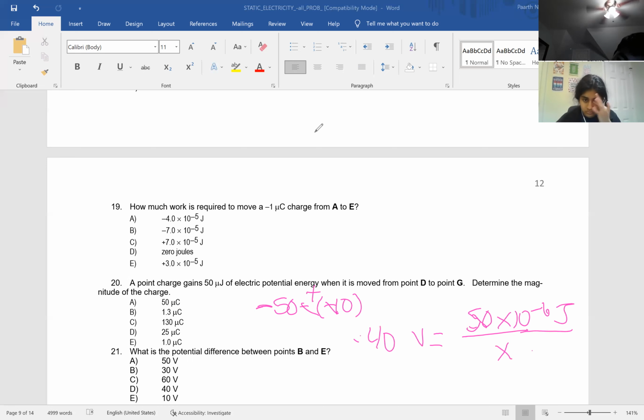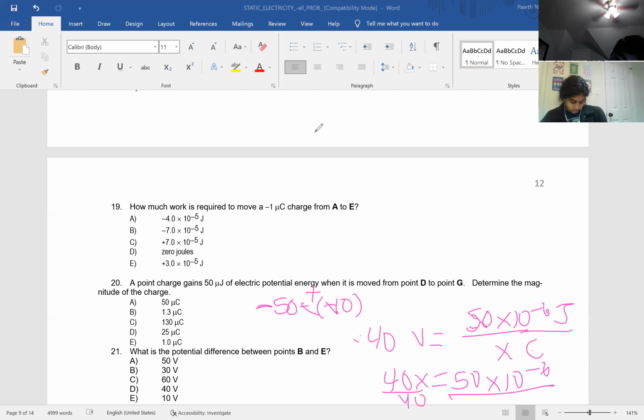over x coulombs. So once you solve that out, you should get 40x equals 50 times 10 to the power of negative 6. Divide both sides by 40, and you should get 1.3 microcoulombs, because it's about 1.25 microcoulombs, but they just put 1.3 for sig figs.